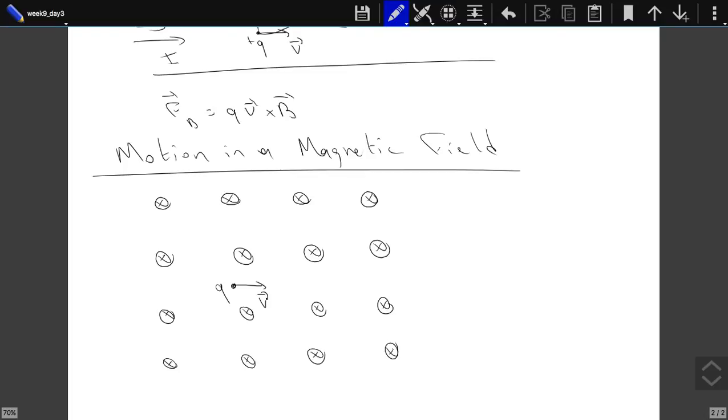Let's say this is an electron. What is the direction of the force? By just looking at where the trajectory bends, you can tell the charge of the object, whether it's positively or negatively charged. If it is positively charged, the force will be upward. If it is negatively charged, the force will be downward.